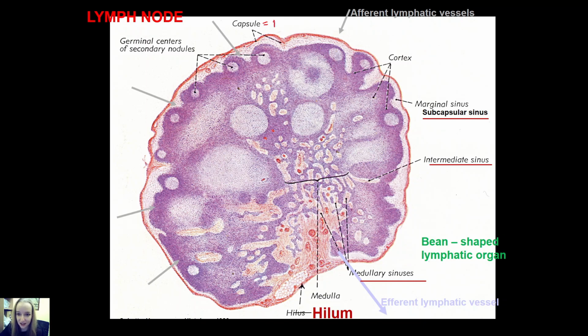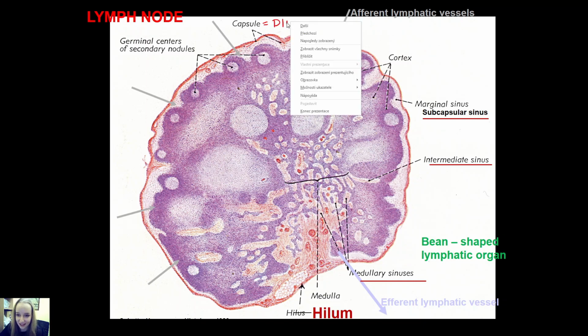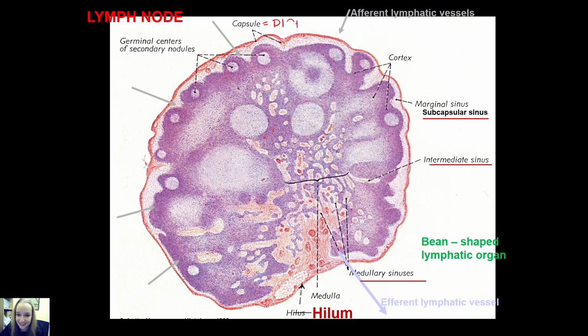Okay, dense irregular connective tissue is not a very good short name, but never mind. And also trabeculae are coming down from this capsule to support the structure of the lymph node.